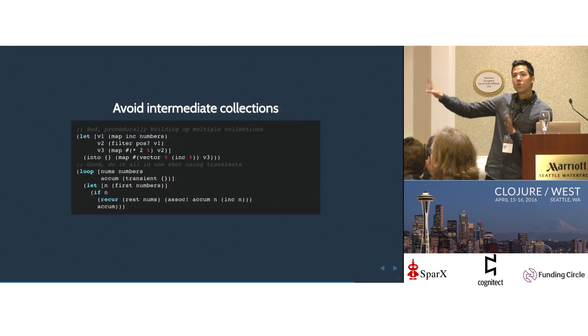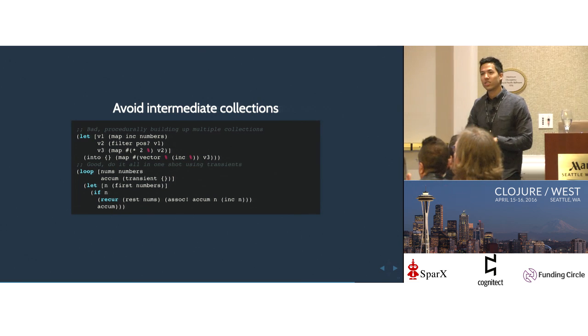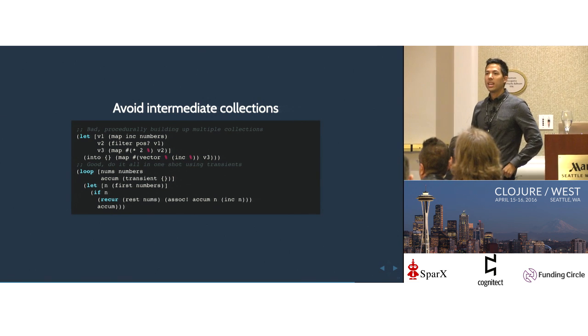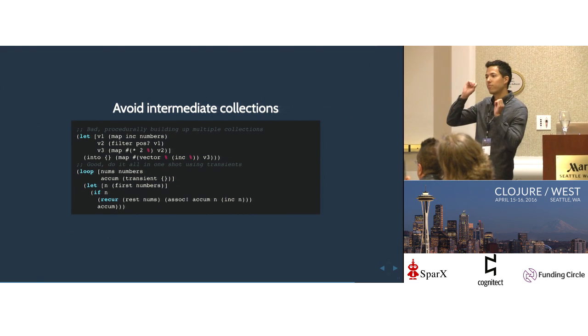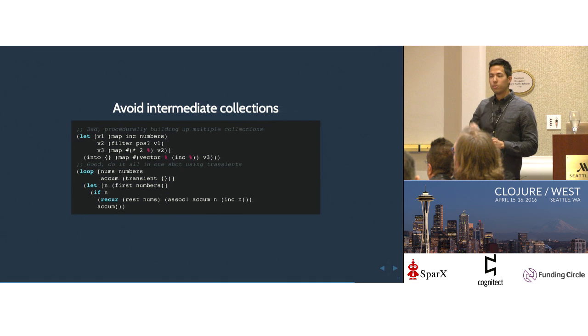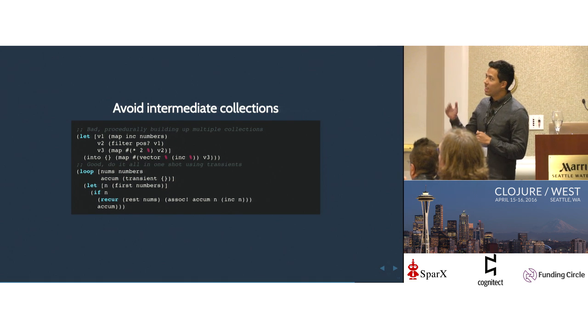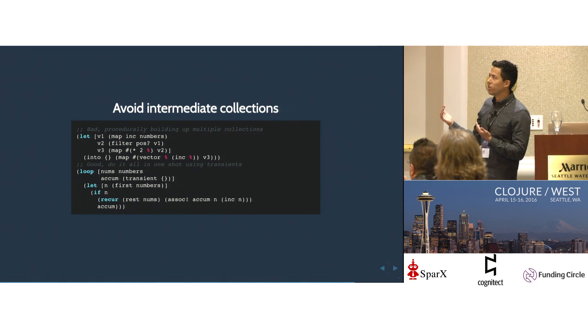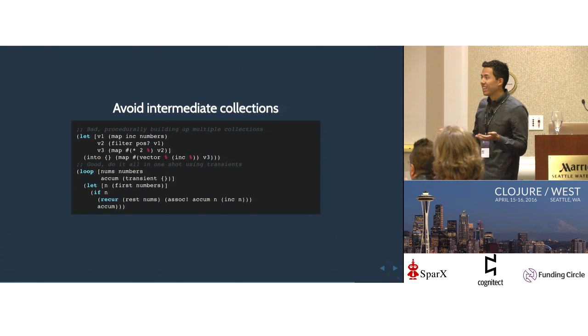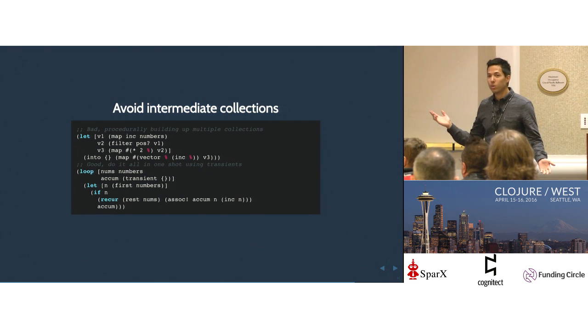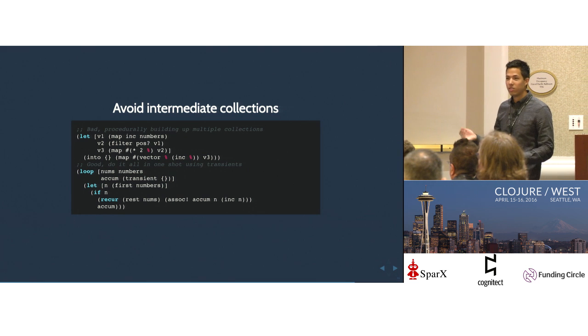So biggest thing, avoid intermediate collections. There's a lot of tools in Clojure to help avoid this, but it does make a huge difference, because if you think about it, you're going to create a whole bunch of things and just throw them out to build up something procedurally. Then you probably want to rethink what you're doing in that particular function. And in a lot of ways, sometimes just break it out into a loop, create your own accumulator, use transients.